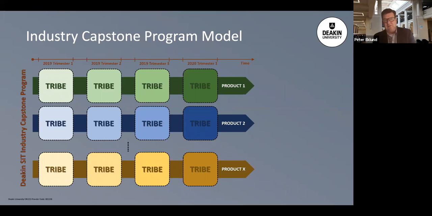The idea is that a single tribe can have multiple squads who can respond to the same or different aspects of the product line. In 2020, there were 18 tribes and approximately 615 undergraduate students and 660 postgraduate students.